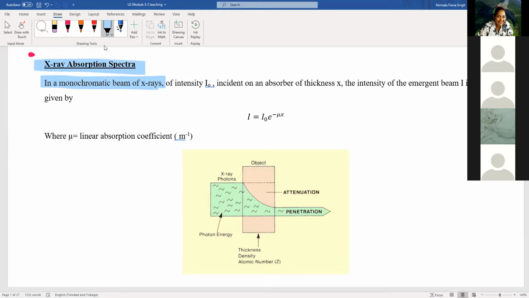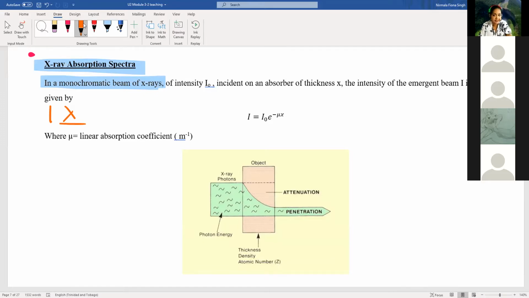We can't see X-rays. Anyway, monochromatic means that we're looking at one wavelength of light or one wavelength of X-rays.